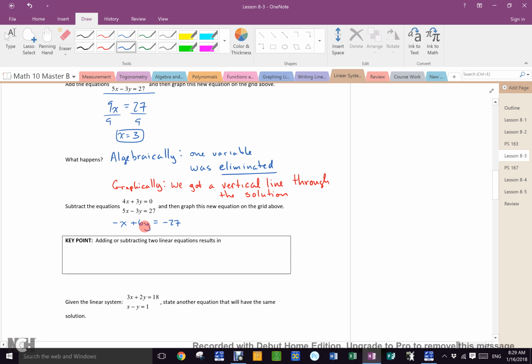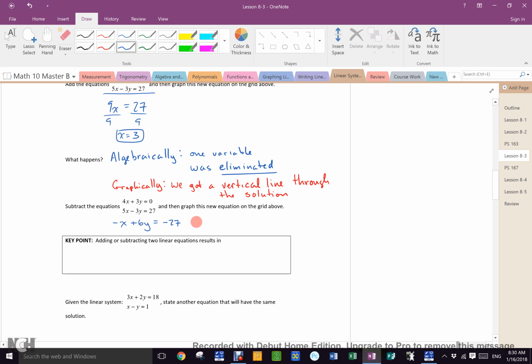If I wanted to graph that, what should I do? Move the y? The y is already positive. You're going to need to do something with the y, but should you move it? You shouldn't move it because it's positive.